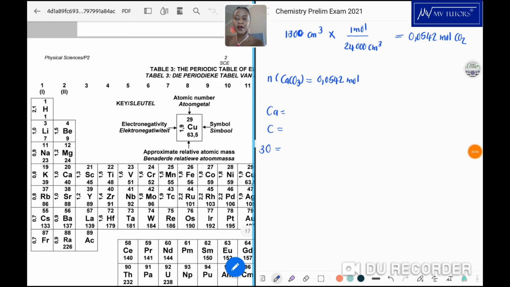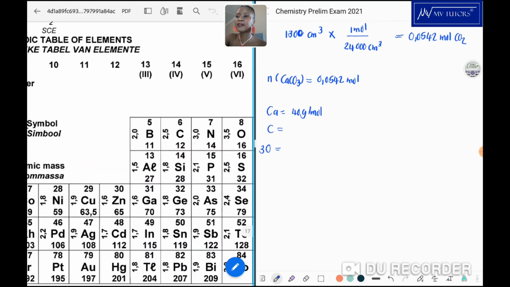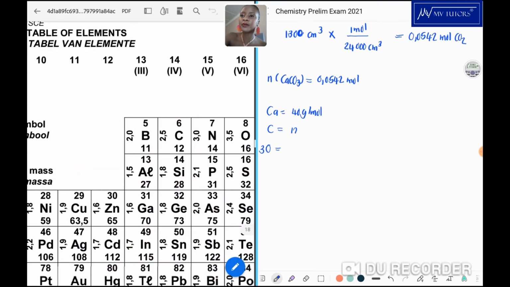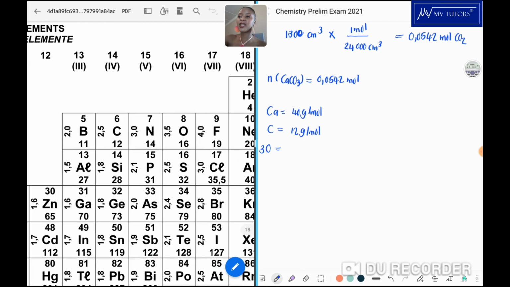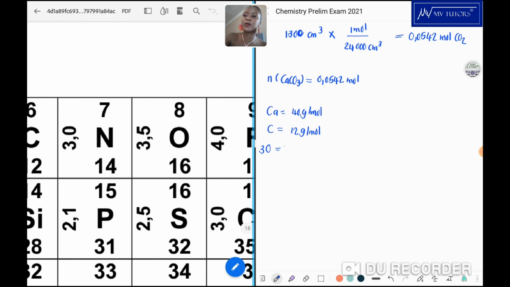Okay, so I found the periodic table. For calcium, we have 40 grams per mole. For carbon, we have 12 grams per mole. And for oxygen, we have 16 grams per mole, and there are 3 oxygen atoms.